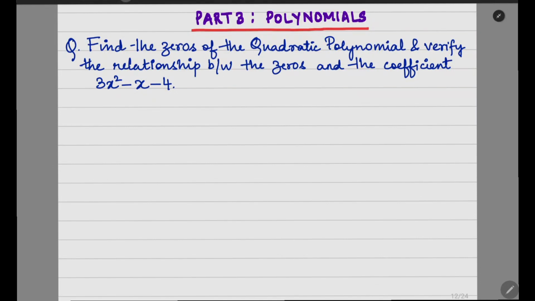Hello everyone. So let us continue our discussion on the most important questions of polynomials. Today is part 3. Yesterday, in the previous video, we saw how to factorize a quadratic polynomial using middle term splitting, and how to identify if a given algebraic expression is a polynomial.